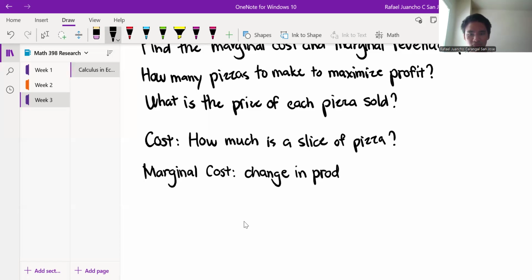So initially we sold 10 pizzas for $10. And then the next time we sold 11 pizzas for $11. And so the change in the production cost: the production cost of 10 pizzas is 10, and then the next production cost was $11 for 11 pizzas. So the change is 1. So that's what marginal cost is.